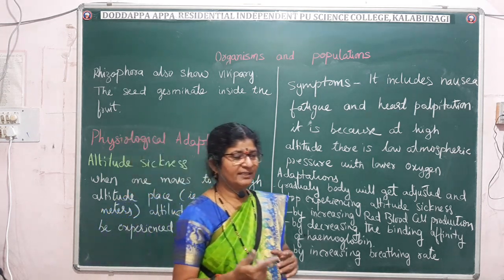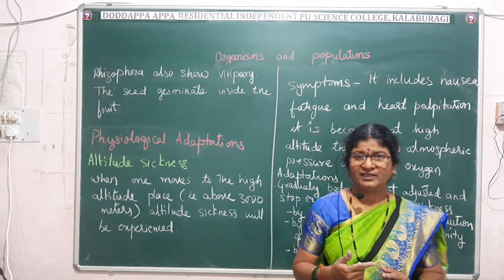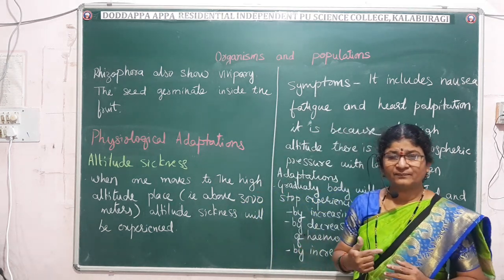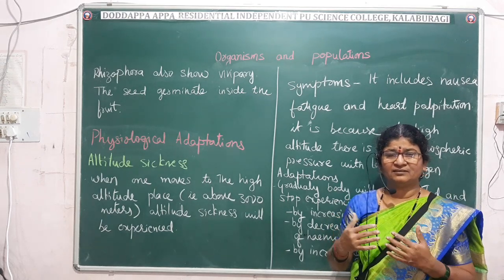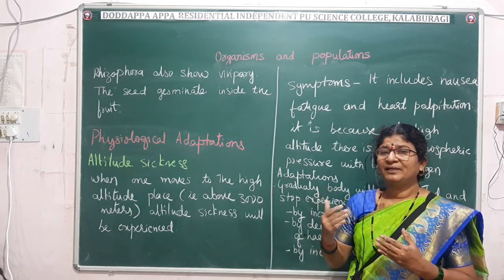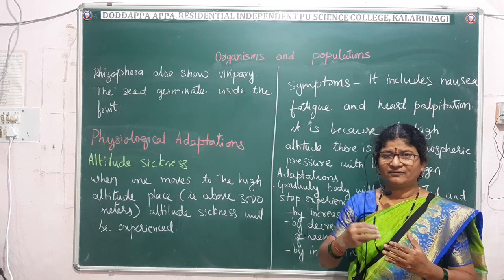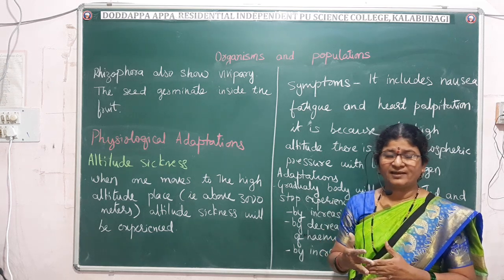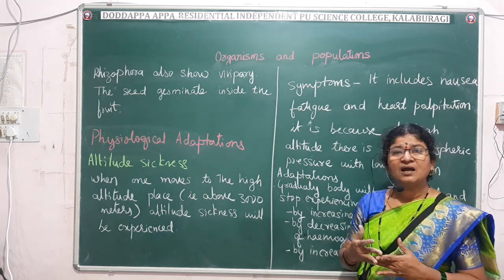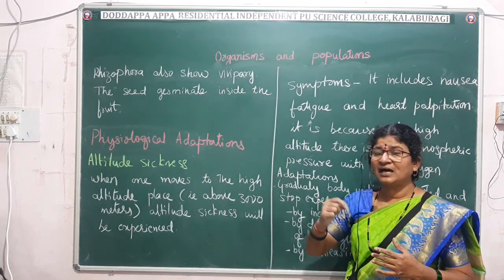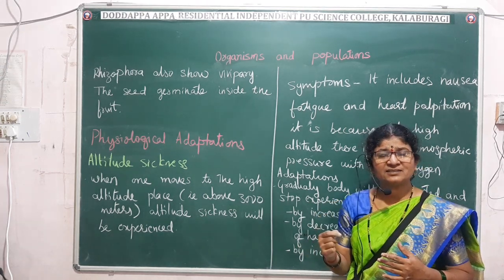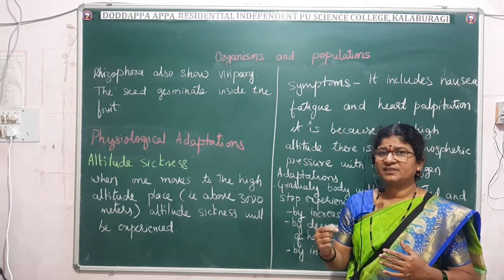So usually it is advised by the doctor: whenever we fall sick, whenever we are severely ill or facing a severe health problem, doctors will advise us to go to a hilly area, because when you go to a hilly area, the RBC count will increase, and also the rate of respiration will increase.